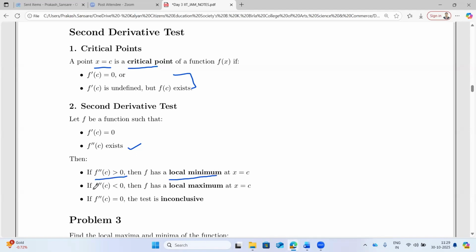And if f double dash c is strictly less than 0, then it is a point of local maxima. And if it is 0, then the test is inconclusive, and such a point is also called a point of inflection.